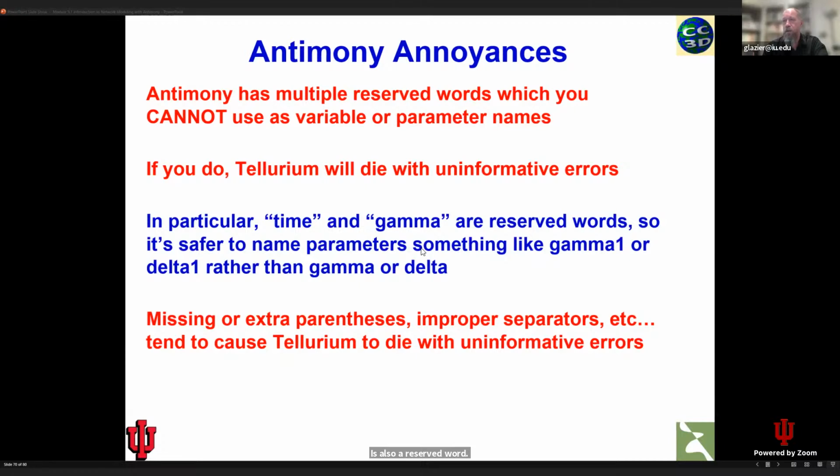So I strongly recommend, if you have a name like delta or gamma, to put a number after the end. Gamma is a reserved word. Gamma1 is legal. Missing or extra parentheses or improper separators, like missing semicolons, tend to make Tellurium die with uninformative errors.